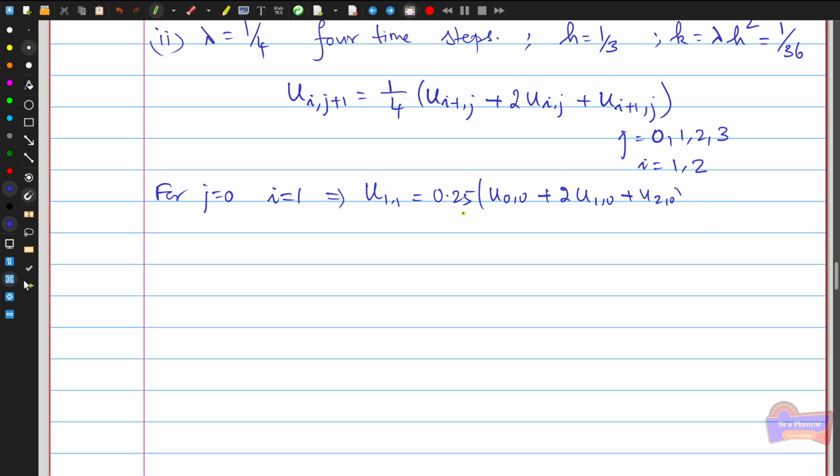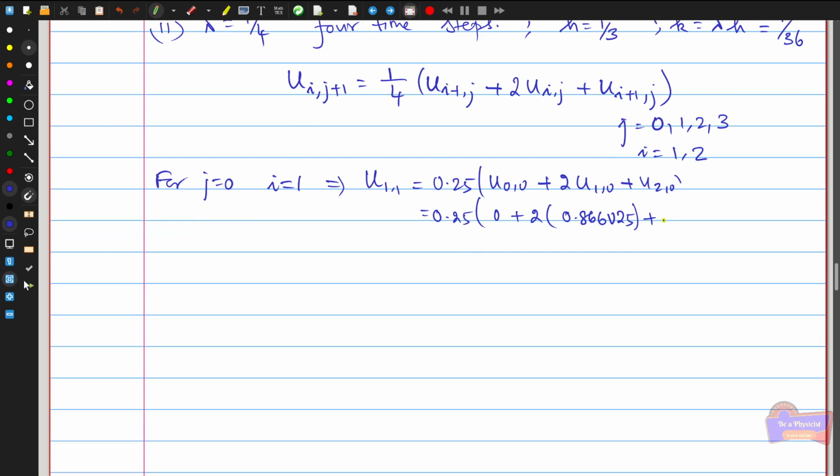The initial value u of 0 comma 0 is 0, plus 2 times u of 1 comma 0, which we have calculated as 0.860025, plus u of 2 comma 0 is also 0, so the final value is 0.649519. So that is my u of 1 comma 1.